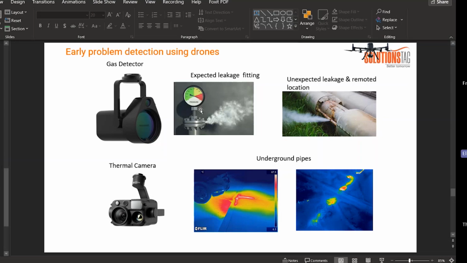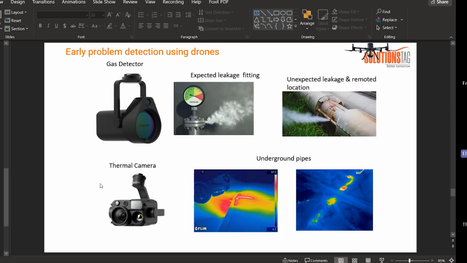But using the drone gas detectors, which use photogeometry to detect the gas leakage, that means the molecule sizes and the shape of it, they detect all this to give a signal that there's a leakage somewhere inside the line. So this helps to avoid major catastrophe, for example, explosion or fire.